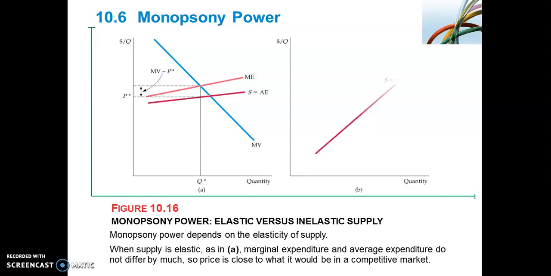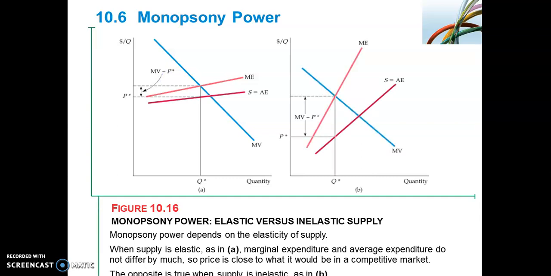But now let's look at part B. Notice immediately the supply curve, which is equal to the average expenditure curve, is more inelastic. It is much steeper. Now compare, for this quantity Q star for the monopsonist, the marginal value at that point. There's your marginal value curve. Compare that marginal value versus the price that the monopsonist would get, and look at the difference, MV minus P star.